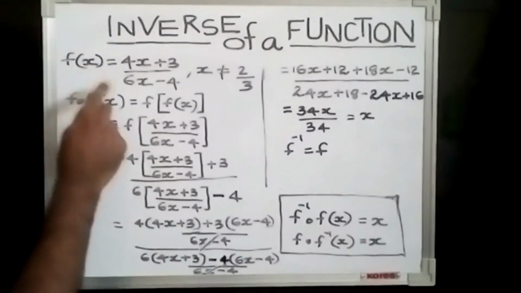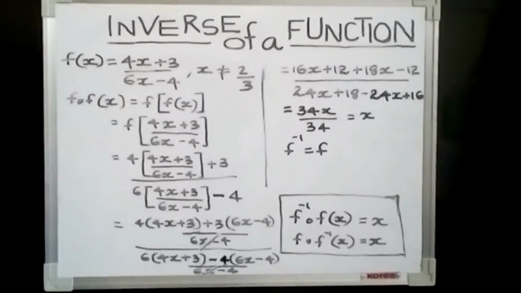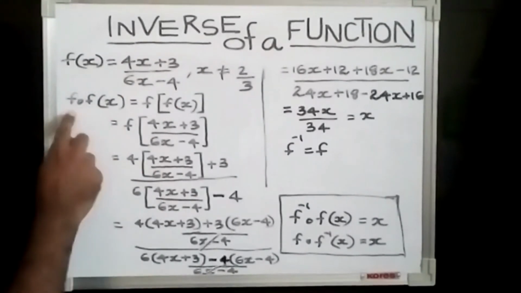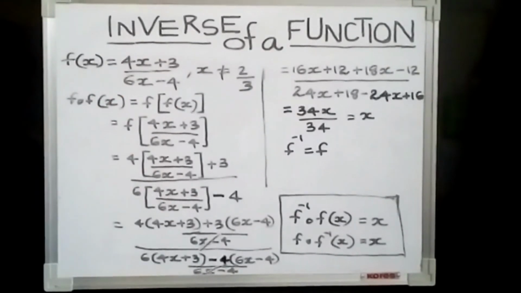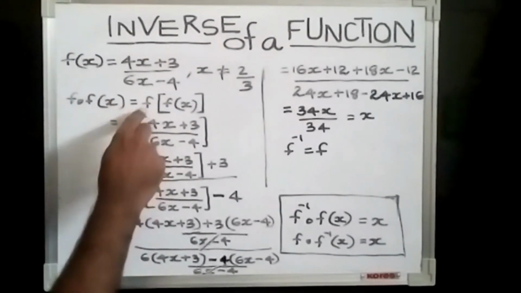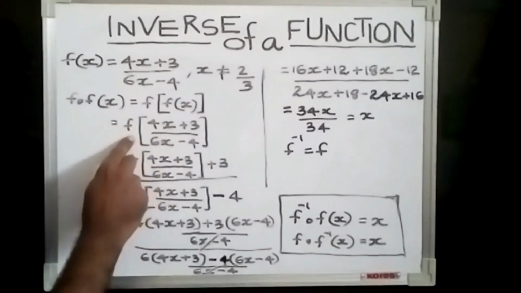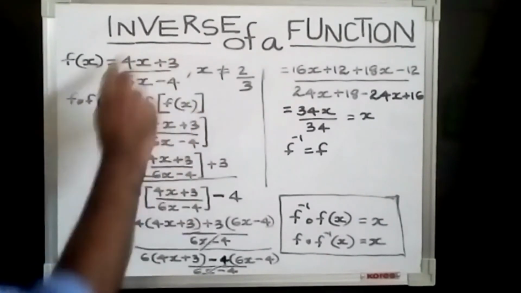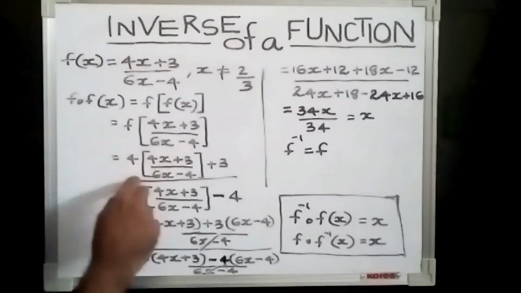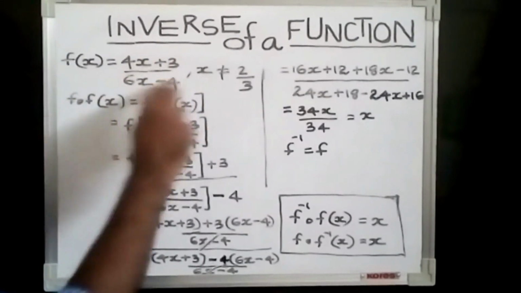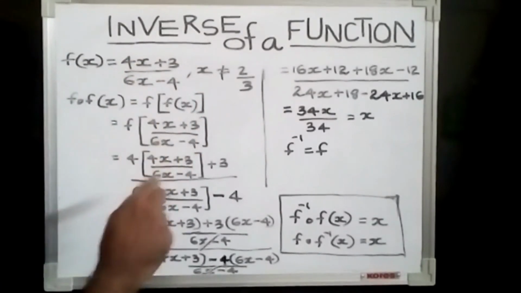We have f of x equal to 4x plus 3 divided by 6x minus 4, where x is not equal to 2 by 3. We have to find f of f of x. That is f of f of x, where f of x is 4x plus 3 divided by 6x minus 4.